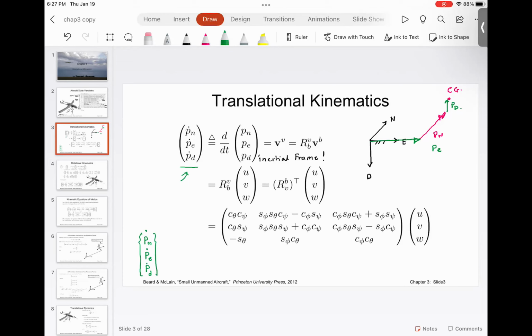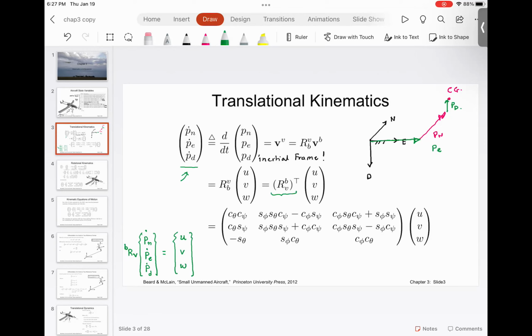Now I have to go from the inertial frame, or in other words, the vehicle frame that I have here, to the body frame to get U, V, and W. So I have this matrix.